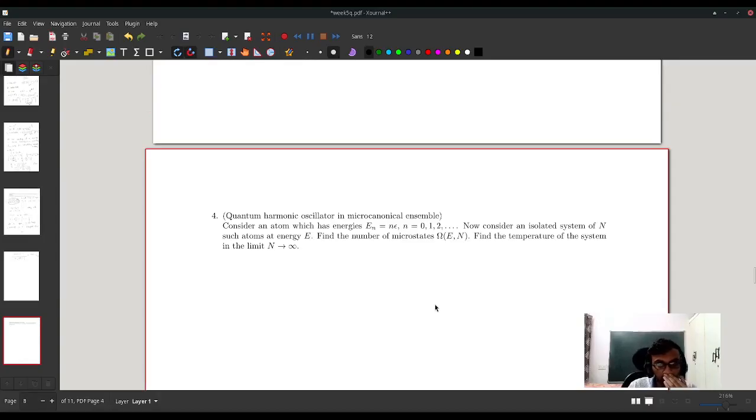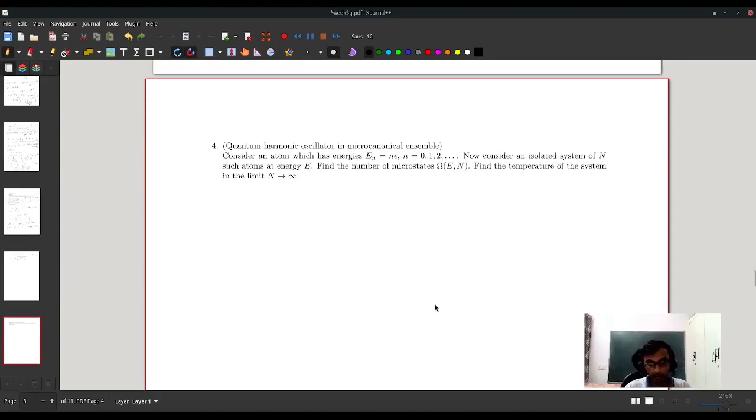All right, so the system we are going to consider is a system of n atoms. By atom I don't actually mean a real physical atom, but something which has these energy levels.